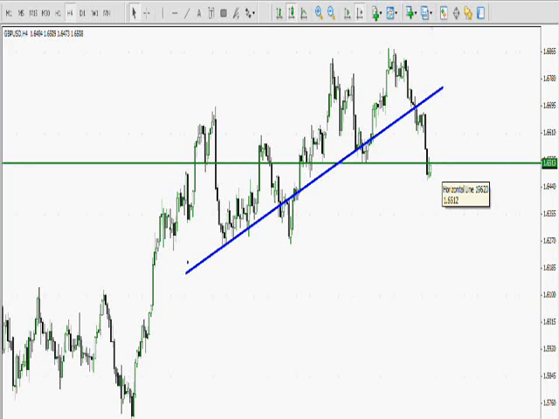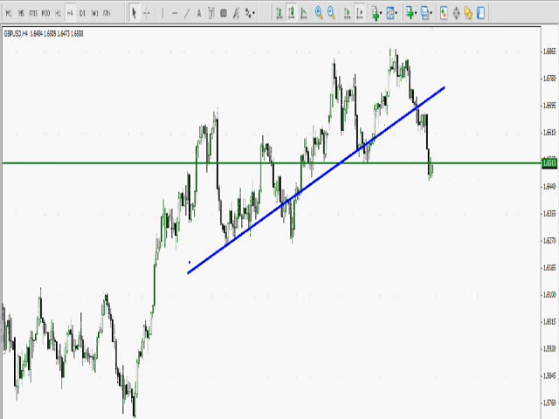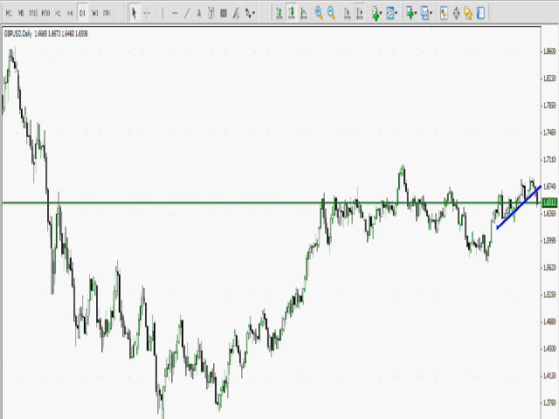Now from this point, where can price go? Well, we're going to let price form a pattern again, hopefully some consolidation, and then a move, whether it be to the upside or to the downside. So let's take a look at the daily chart and see what's happening here, and get some indication of what potentially could be to come.